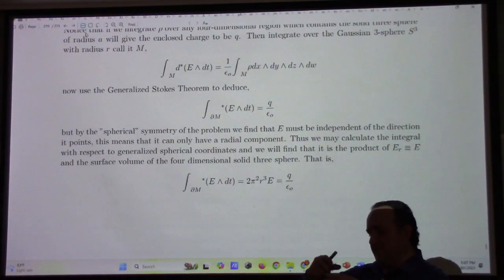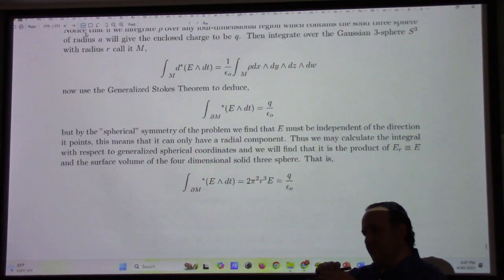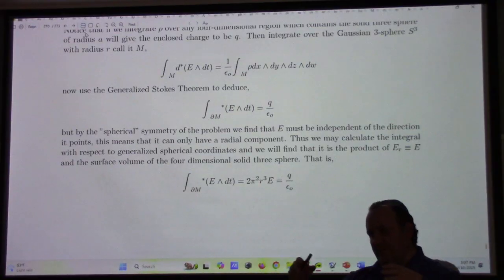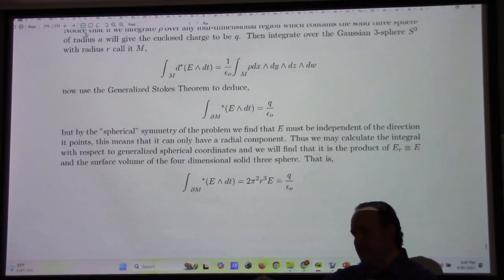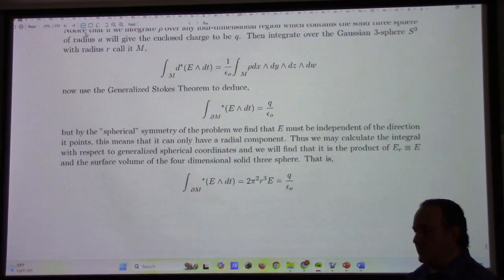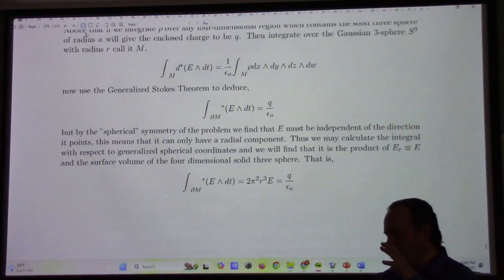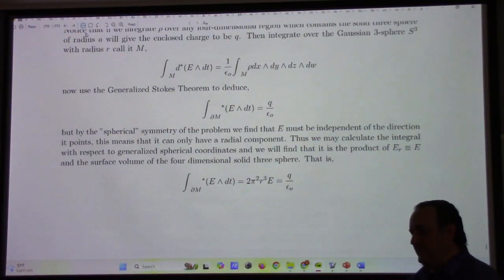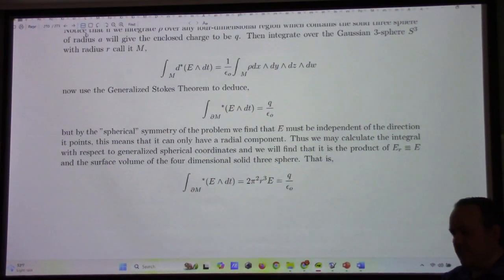If you have a line charge, the electric field drops off as the reciprocal of the distance from the line charge. Because in 2 dimensions, the flux spreads out and drops off like the reciprocal. If it spreads out in 3 dimensions, the magnitude of a symmetric field drops off as a square. In 4 dimensions, it drops off as a cube. In 5 dimensions, it would drop off as a fourth.